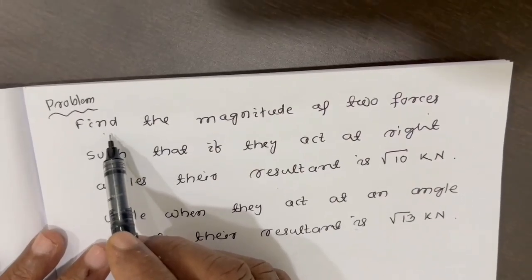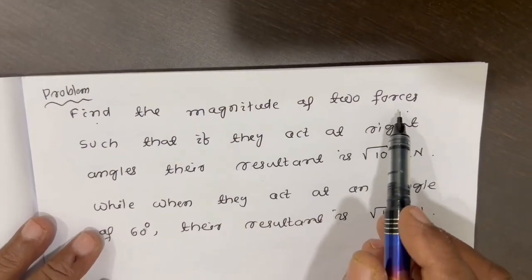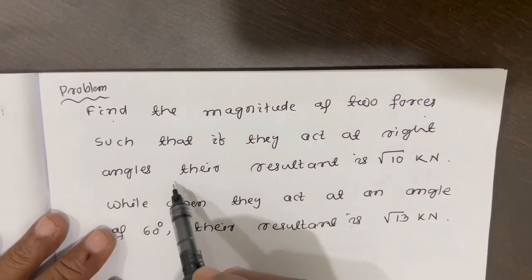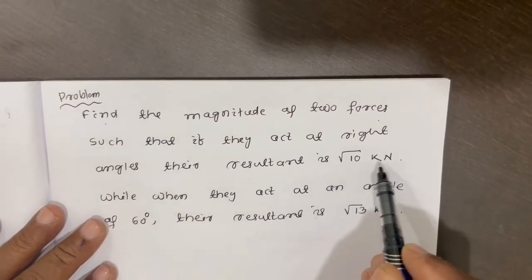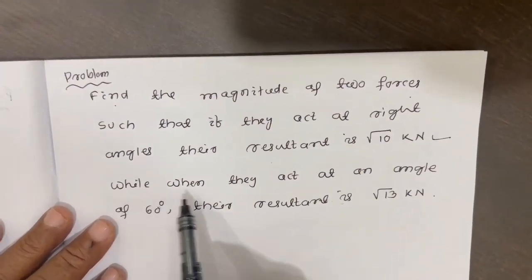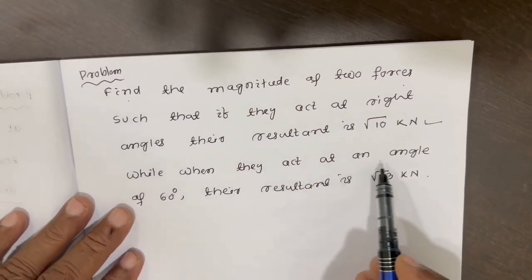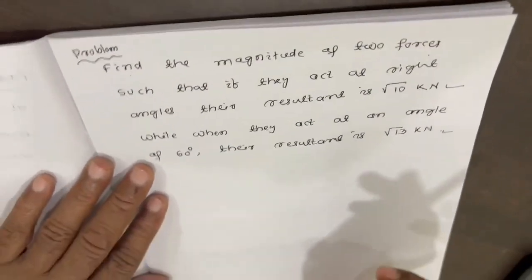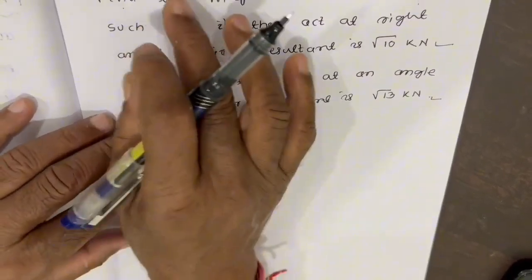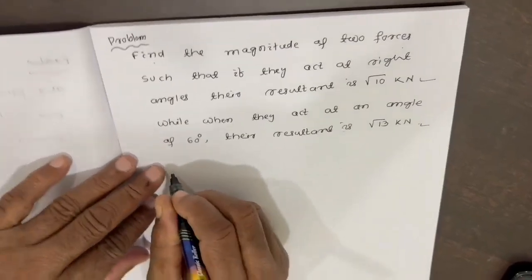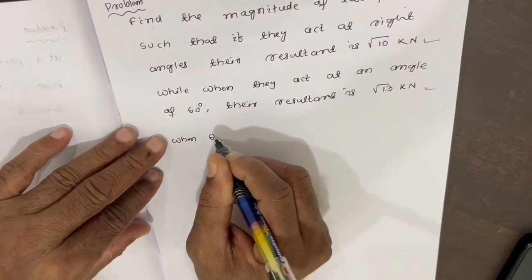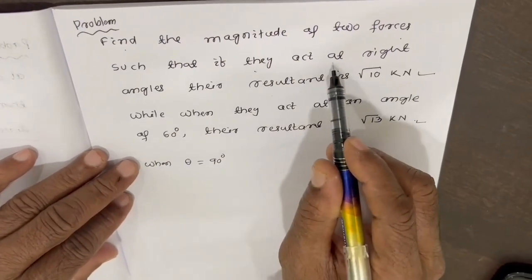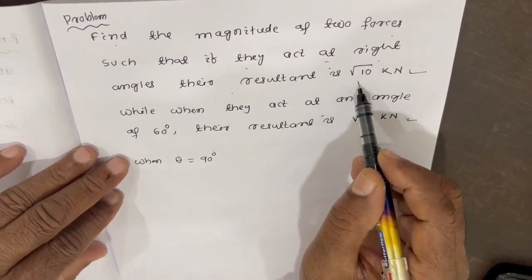Second question is like that: find the magnitude of two forces such that if they act at right angles, the resultant is root over 10 kilonewton, when they act at an angle of 60 degree, their resultant is root over 13 kilonewton. Here, when theta is equal to 90 degree, because they act at right angle, the resultant is root 10.